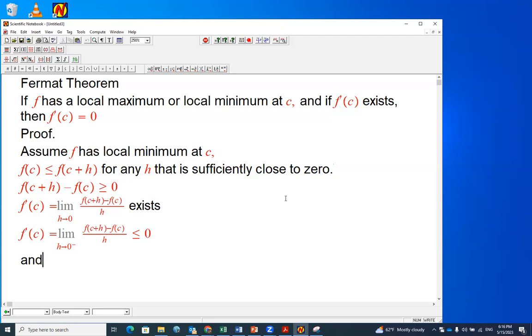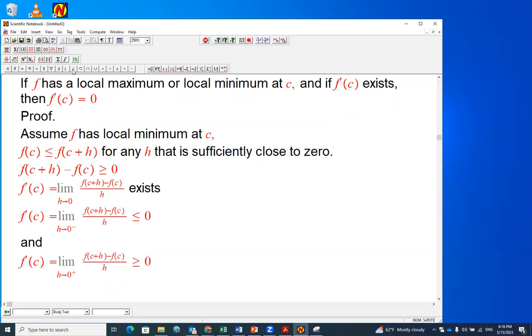And for the same limit, if I push h to zero from the right, this time h is positive and the numerator is positive or zero, so this limit is going to be greater than or equal to zero. And both must be true because this limit exists.